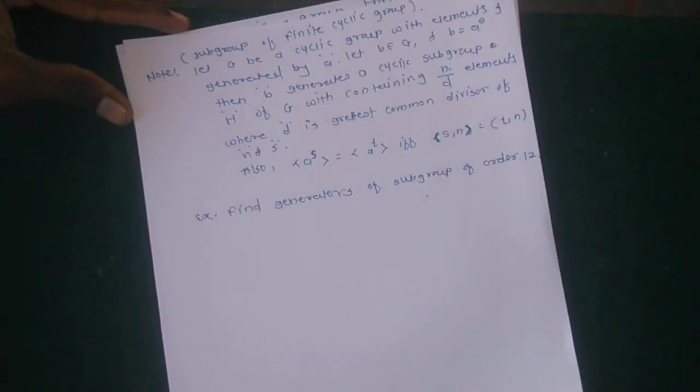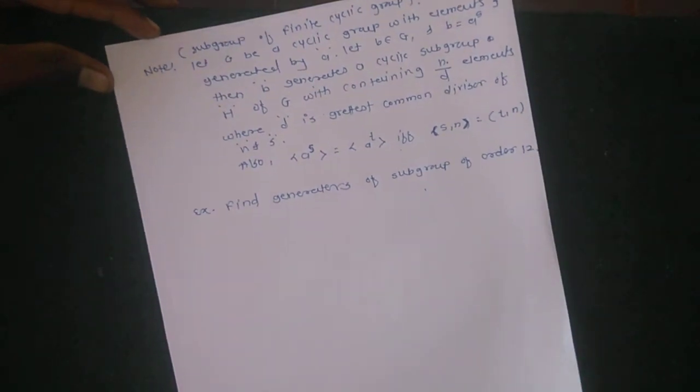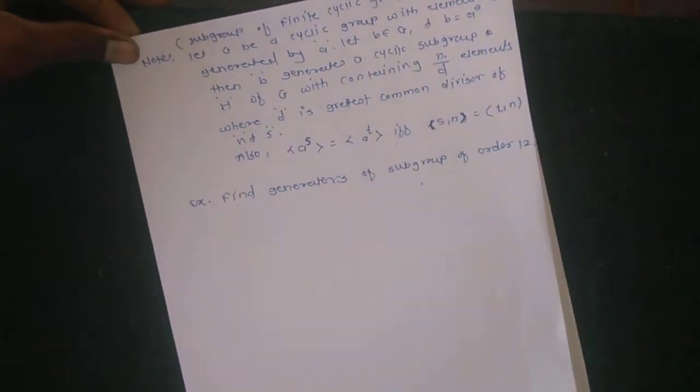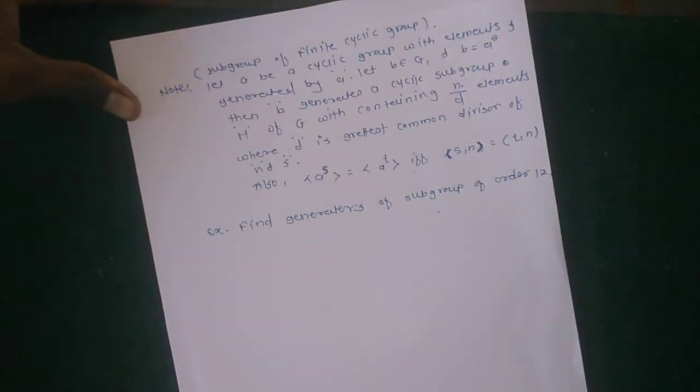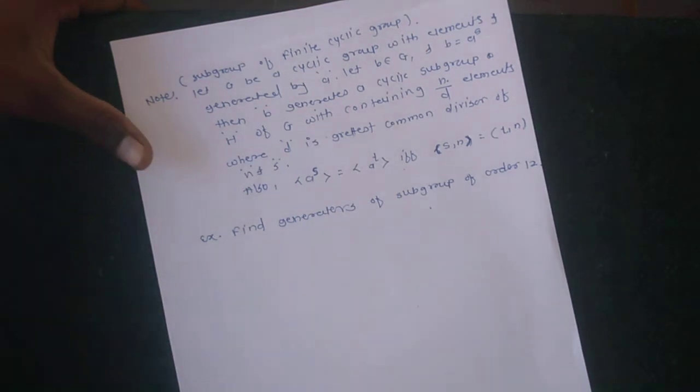If the binary operation is not given, then we say that the binary operation is multiplication. So here we are finding generators of a group of order 12.